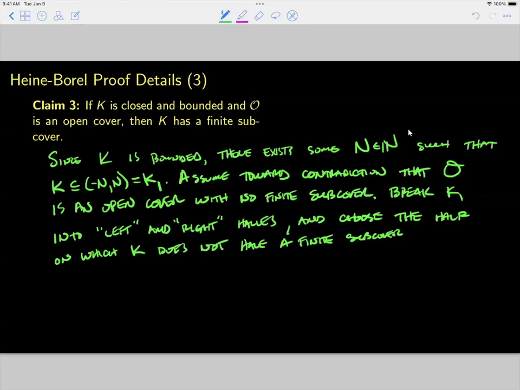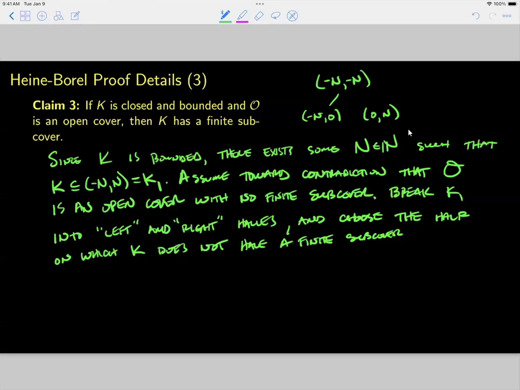Again, I'm being a little hand wavy here because writing out the details I think obscures what's going on. You're breaking this interval in half, looking at minus n to 0 and 0 to n. Really what you're doing is intersecting them with K, and at least one of those can't have a finite subcover.